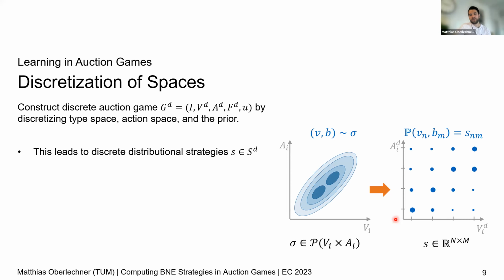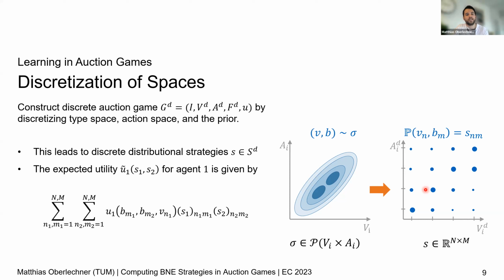So instead of a probability measure over the continuous actions and type spaces, we now have a discrete distributional strategy, which can be represented as a matrix, for instance, where each entry of the matrix denotes the probability of a discrete valuation and action pair. And similar to before, we can still compute the expected utility and can still use the same definition for our Bayes-Nash equilibrium. So that hasn't changed much.